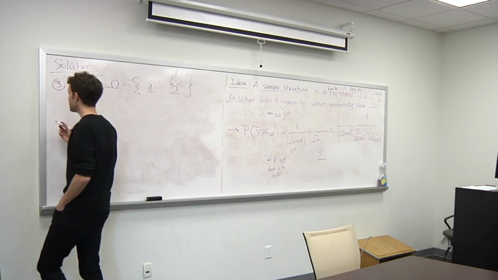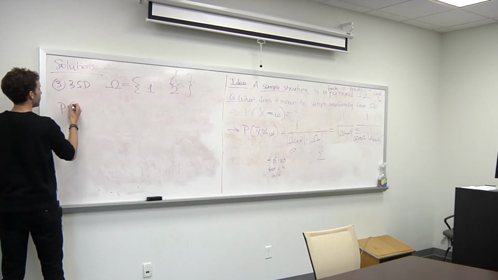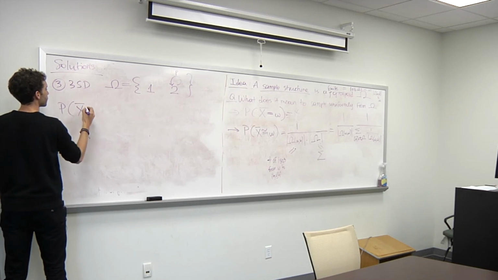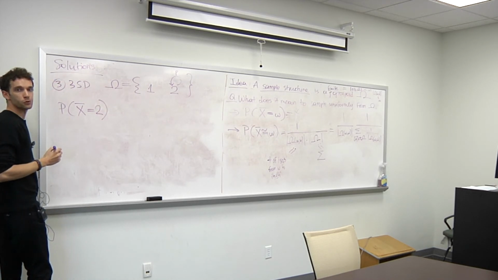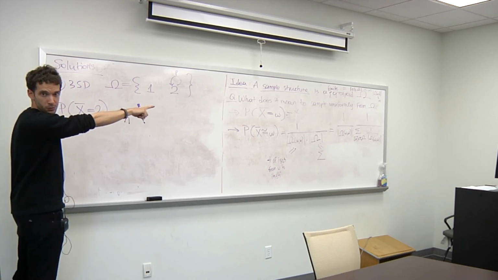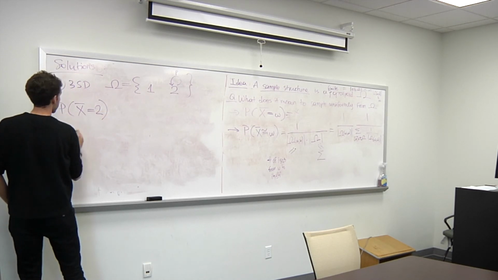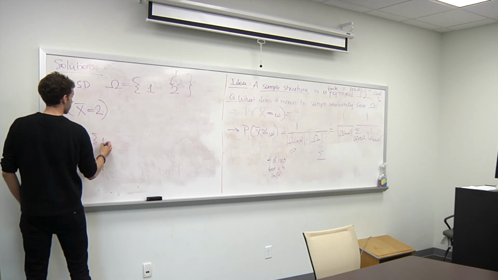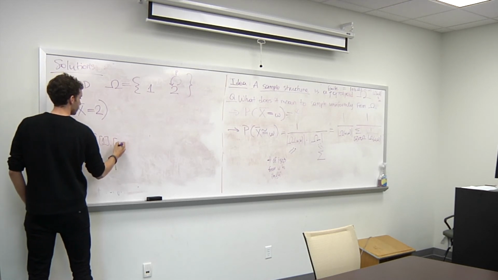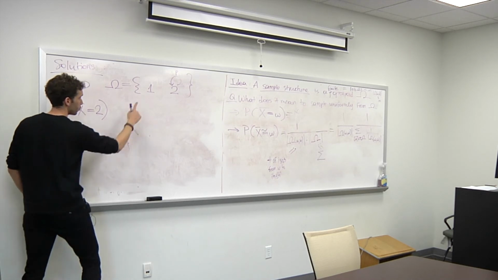Okay, let's do a bit of math now. The probability that the roll is equal to 2, I'm just going to apply this formula, right? So in this case, with this omega, pi 0 of omega consists of 1 and 2. Okay, just 2 equivalence classes.